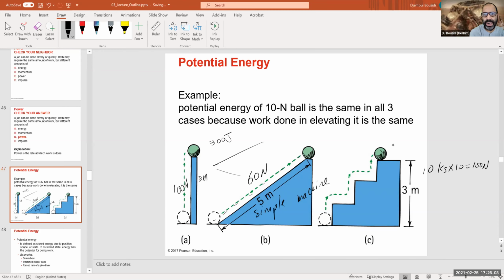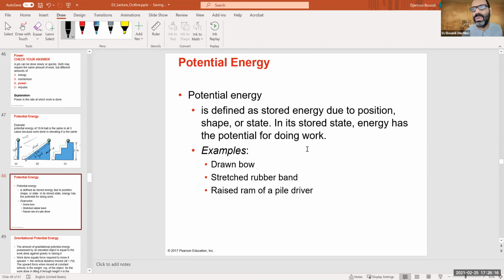So this will be 100 Newtons up, and you have to fight the 100 Newtons, whereas in this case, you only fight 60 Newtons, okay? So that's a slight difference. That's why this one is a good simple machine. So potential energy is defined as a stored energy due to position, shape, or state. And this stored energy has a potential for doing work, okay?